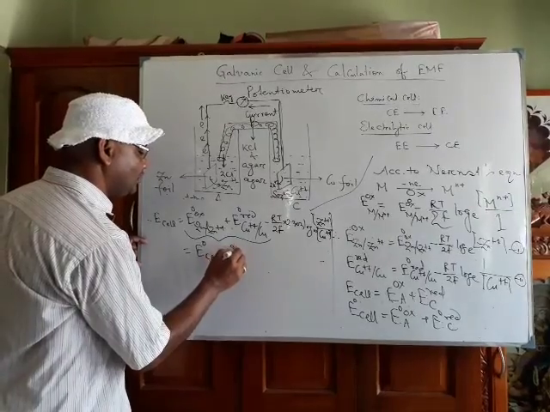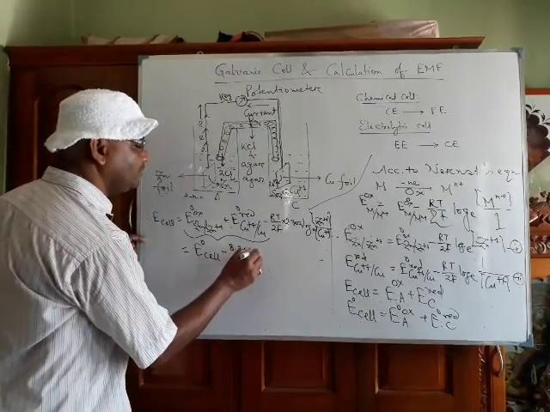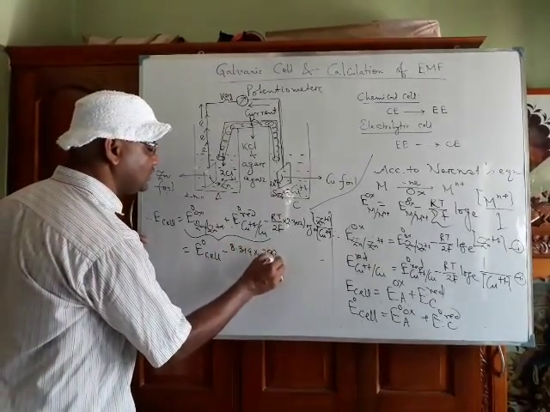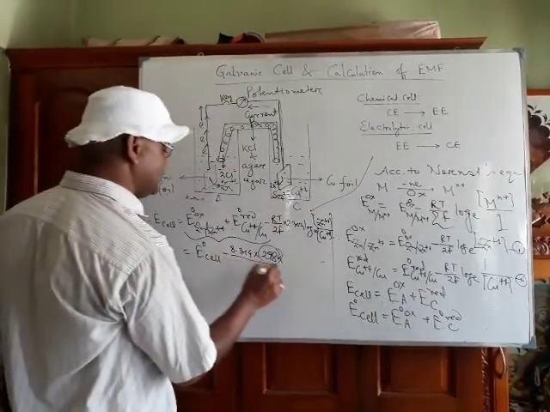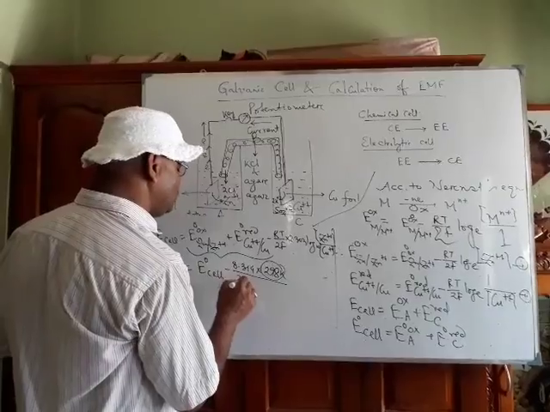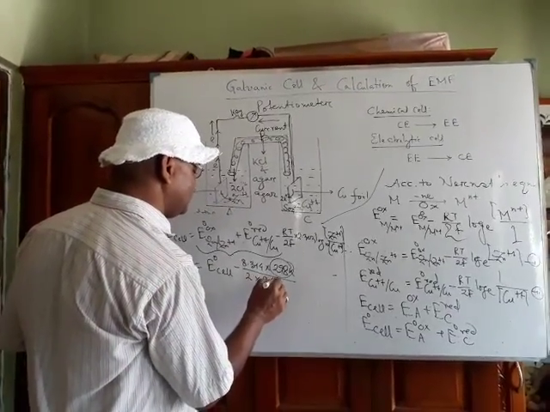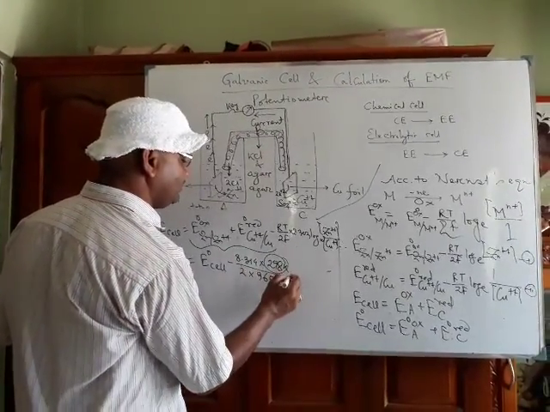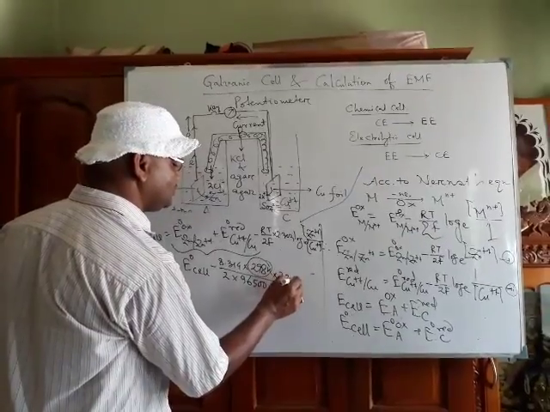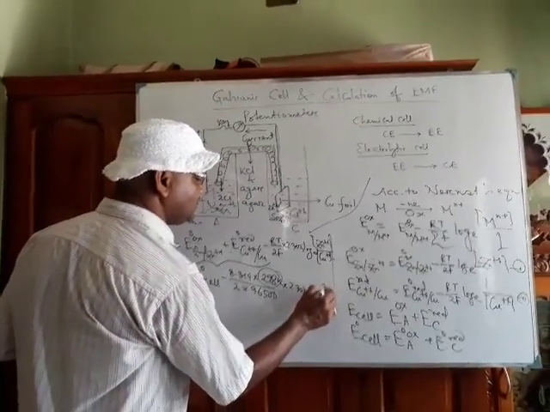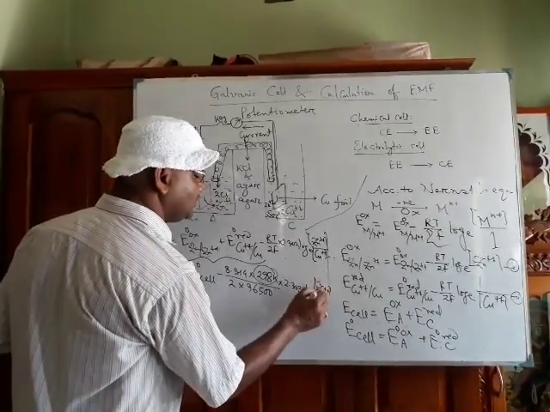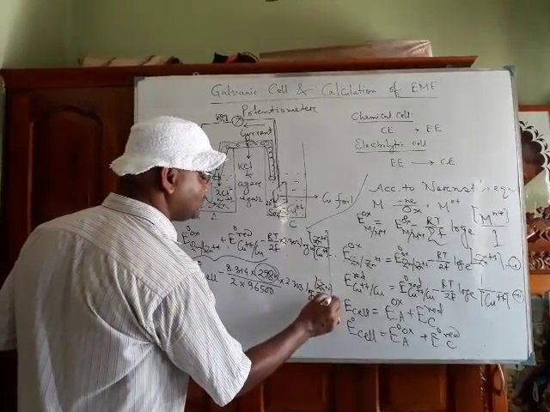Minus R will be 8.314 into temperature, suppose 298 Kelvin, means 25 degrees centigrade, divided by 2 into 96500, that is the value of F, into 2.303 into log base 10 zinc ion concentration divided by copper ion concentration.